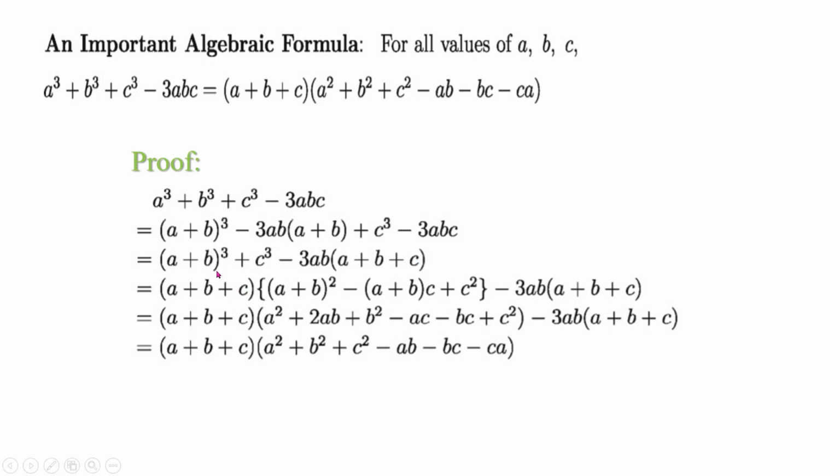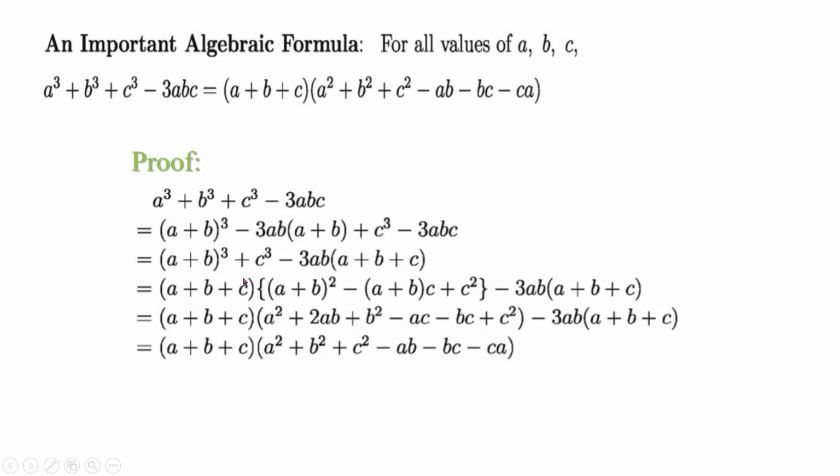Now applying the formula of a cube plus b cube, we get a cube plus b cube equal to a plus b into a square minus ab plus b square.